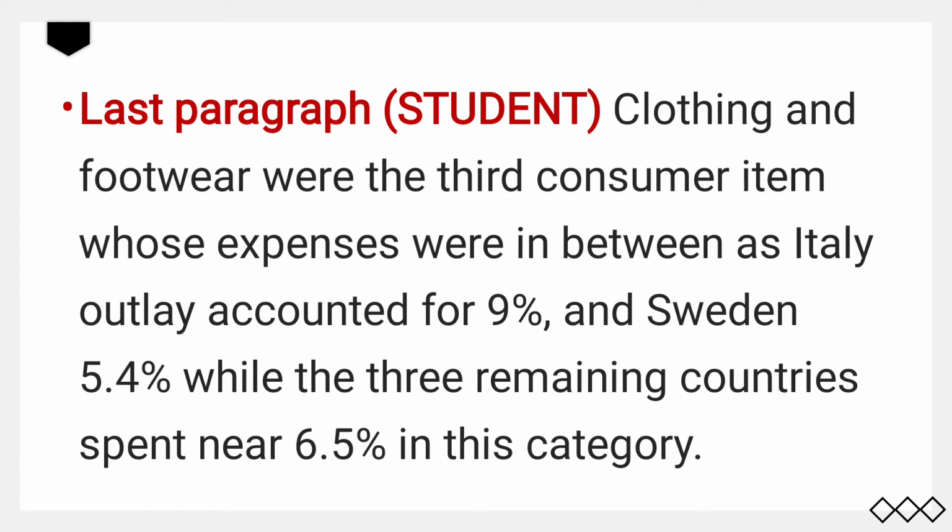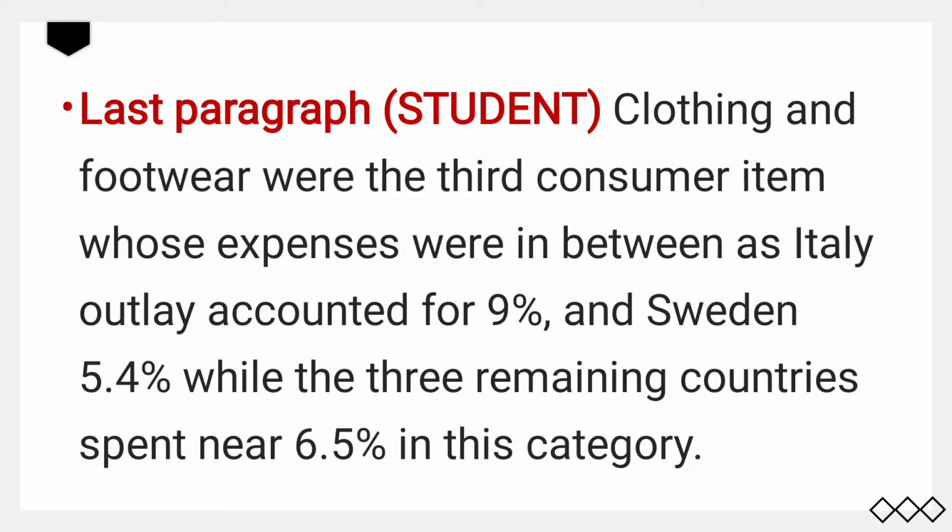So here's what the student wrote for her last paragraph, which is the 4th paragraph for that particular question. The student writes, clothing and footwear were the 3rd consumer item whose expenses were in between, as Italy outlay accounted for 9% and Sweden 5.4%, while the 3 remaining countries spent near 6.5% in this category.